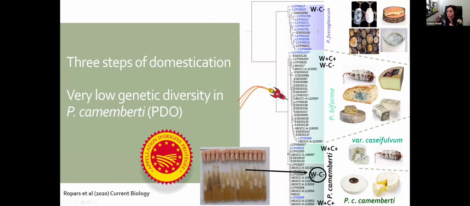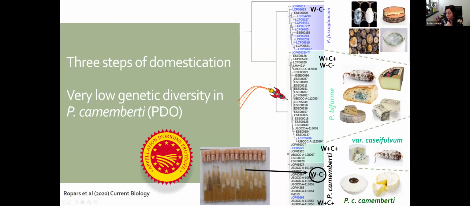And again, we sequenced some genomes from Penicillium camemberti, its closest relative Penicillium biforme, that is blue and that we actually use for making goat cheese and Saint-Nectaire and some other cheeses, and some dry cure meat too, and another wilder close relative that is more a food spoiler, a really wild fungus.